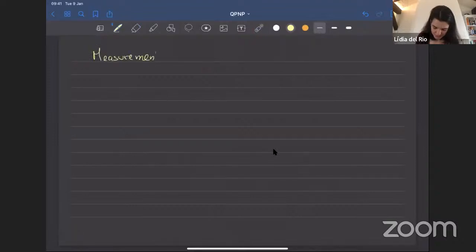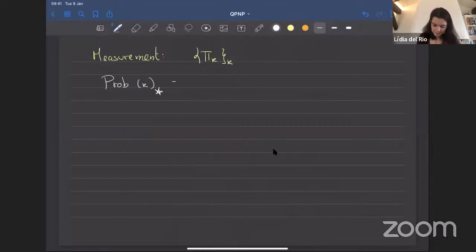So we take a projective measurement, Pi k, on some Hilbert space H. What's the probability of getting outcome k in the setting, which I call setting star?